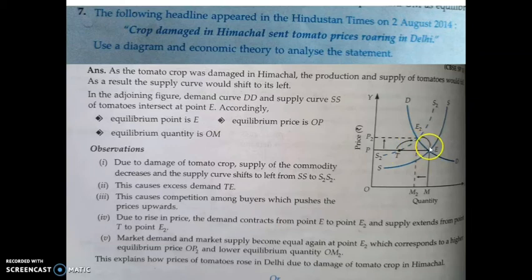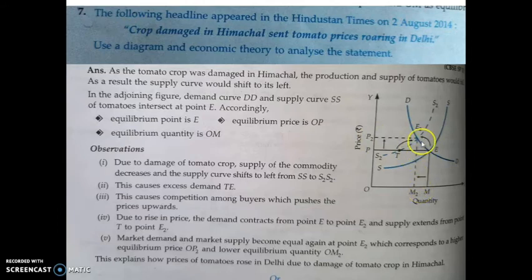If it is shifted to here, it causes excess demand. This causes competition among buyers, which pushes the price upward. So the new equilibrium point is E2. At the E2 equilibrium level, the price is P2 and the quantity is M2.